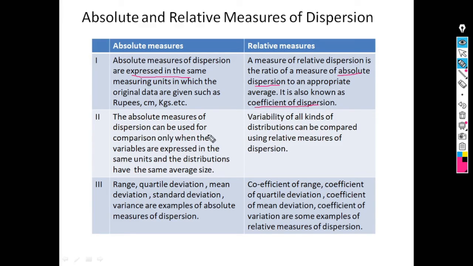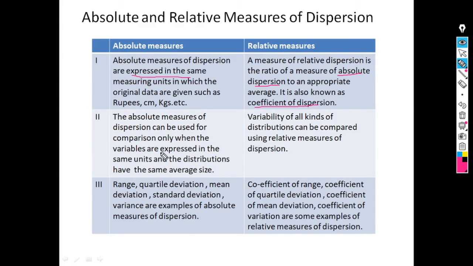The second difference is that absolute measures of dispersion can be used for comparison only when variables are expressed in the same units and the distributions have the same average size. That means only if both variables are expressed in the same units can we compare the absolute measures of dispersion.